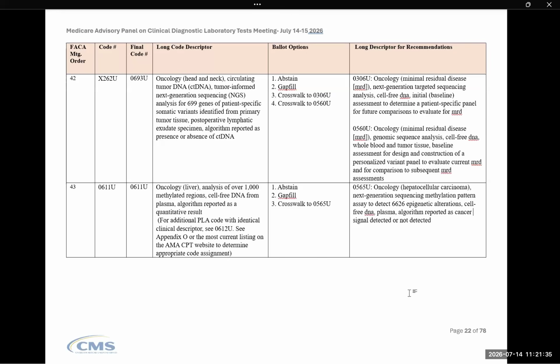So we propose crosswalk to 0560U. Thank you. Do we have any questions or comments from the panelists or CMS on this code? All right, if not, panelists, please vote.